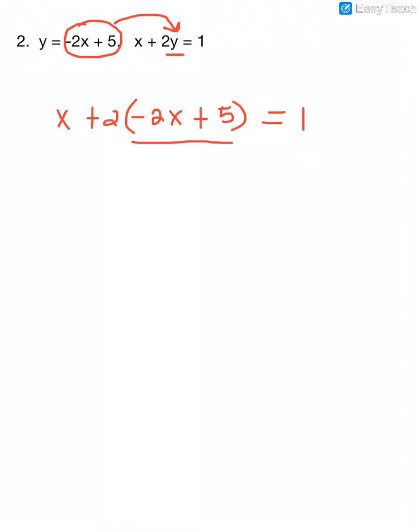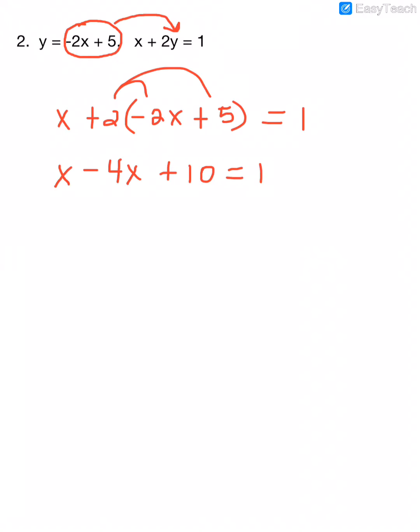I replaced it with what y is equal to. Now I just need to simplify this. So the first thing I need to do is get rid of the parentheses by distributing. So that gives me x, and then 2 times -2x would be -4x, plus 10 equals 1.